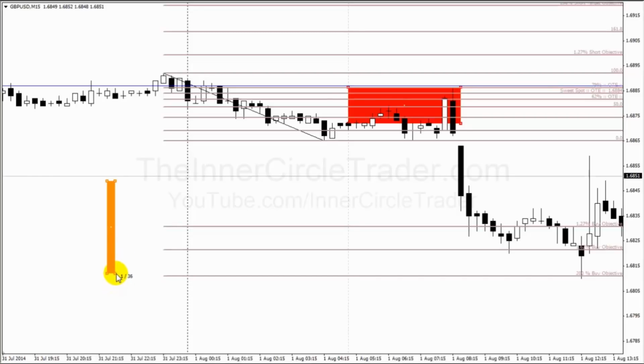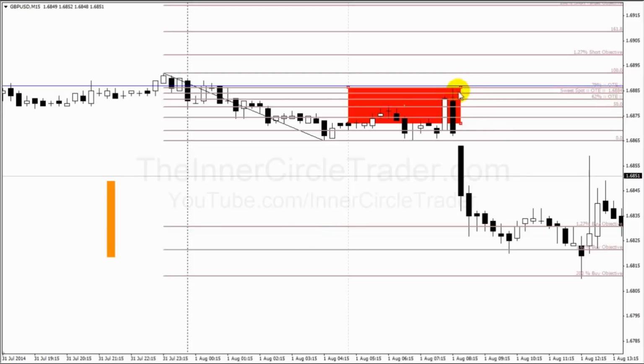What I'm doing is putting a range of 30. See that? That's 30 pips right there. That rectangle is graphically depicting where a 30 pip range is wherever I want to place it on the chart.